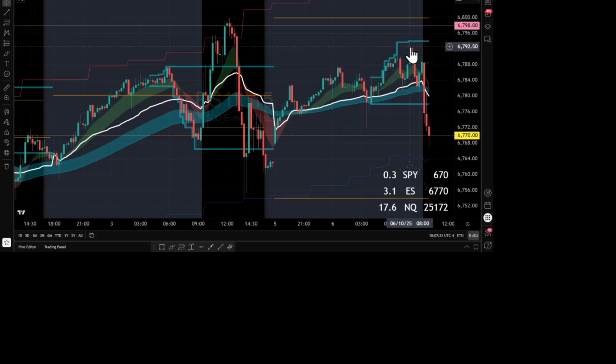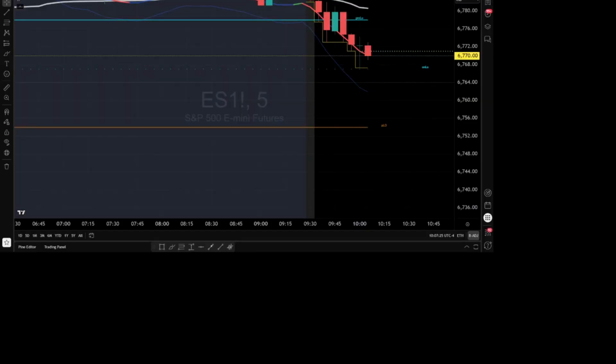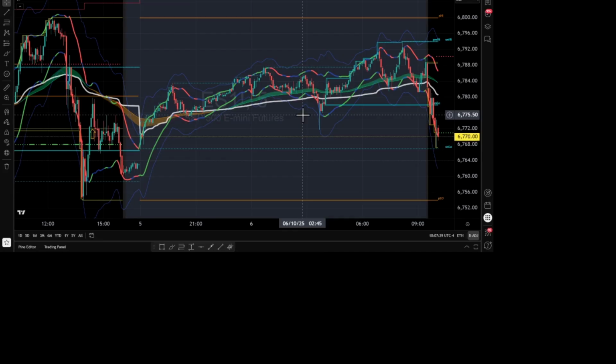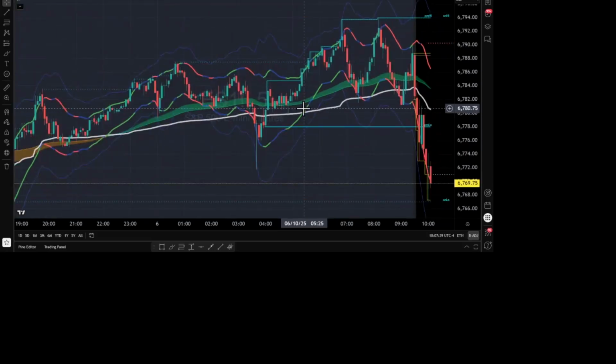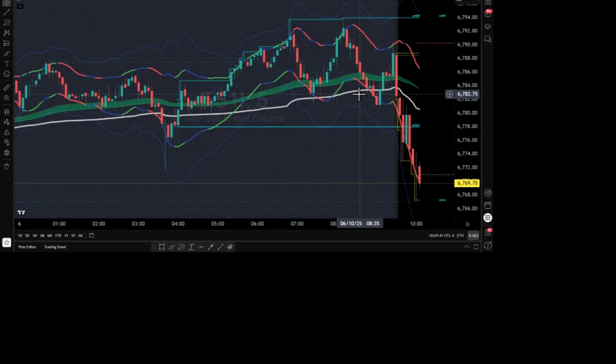But let's take a look at it a little bit deeper. So this is the 5-minute chart. We're starting at the higher levels, because when you look at trading, you've got to understand what's happening at the higher levels, and then you can drill into it. Looking at that, you can see there was a rejection there, and then strong downward candles.